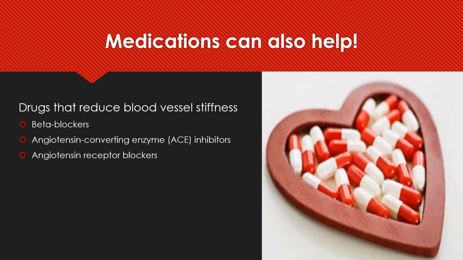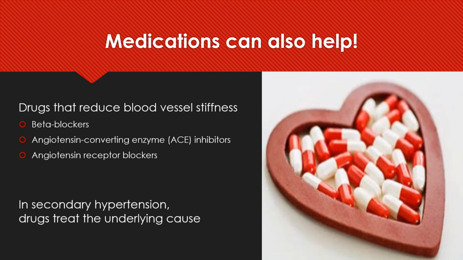Different drug classes are successful in different people, so it's best to discuss drug options thoroughly with your doctor. It is also common to take multiple blood pressure drugs at a time to achieve an ideal blood pressure. In the case of secondary hypertension, medical treatment of the underlying cause in the patient will also treat their high blood pressure.